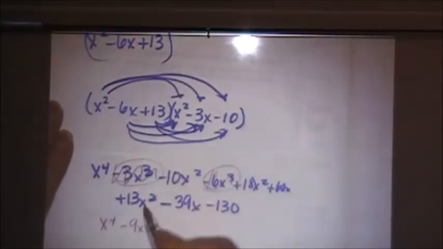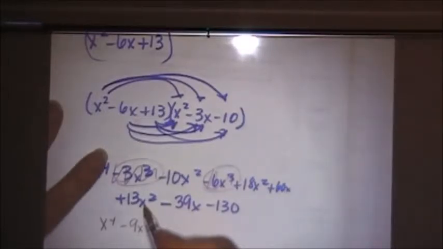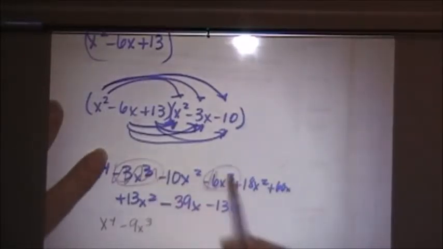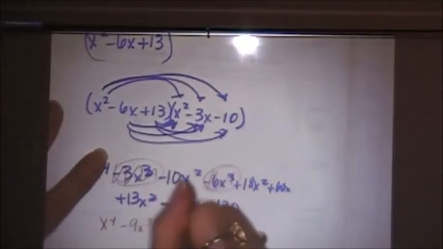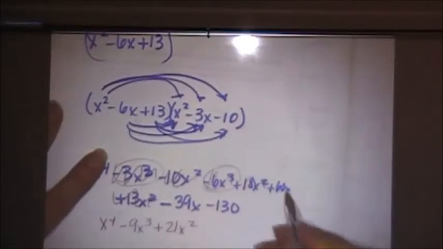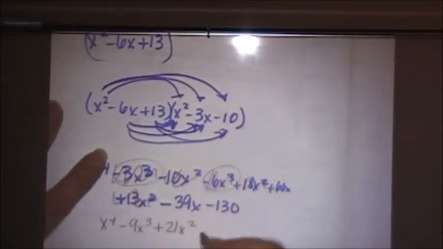My x squareds, looks like that's good. Oh, I've got another one. So let's see. That's 3, 21x squared, if we did it right. And then my x's, looks like that ends up plus 21x minus 130.